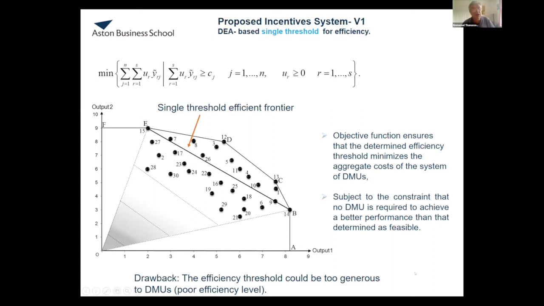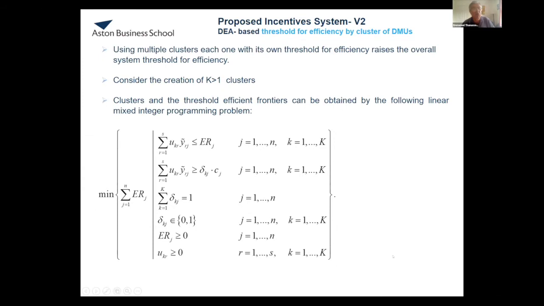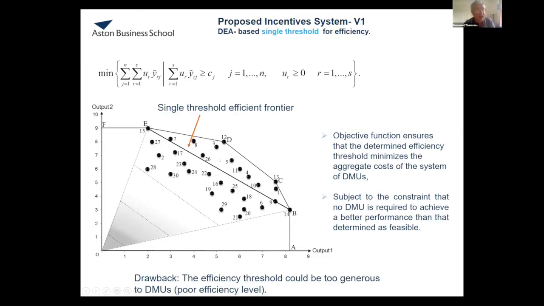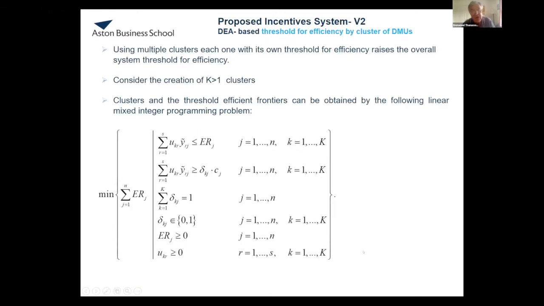And one way you can do it is to try and envelop further from below, closer to the DEA efficient boundary, but not all the way. So if you imagine that instead of having, I'll go back one again, instead of having a single efficient line here, that you permit more than one efficient line, so you can come closer like that, for example, then what you could do is you could modify the model I showed you earlier.